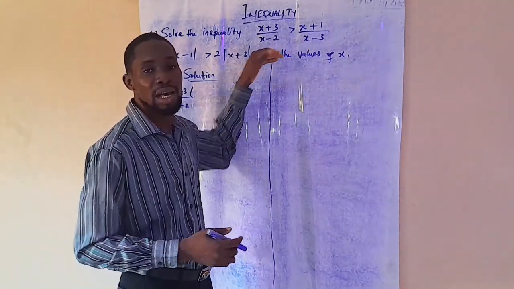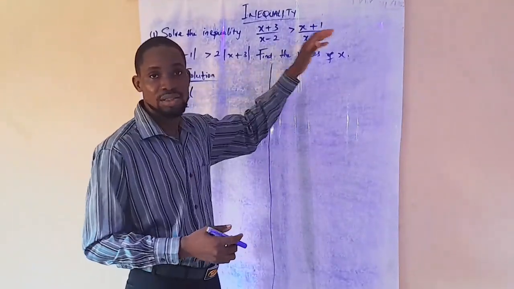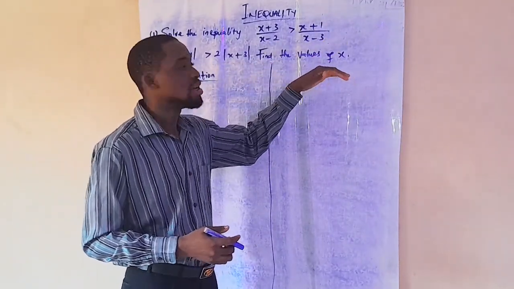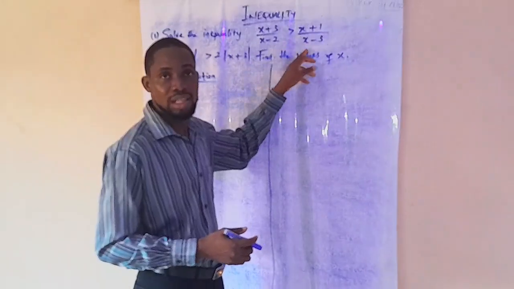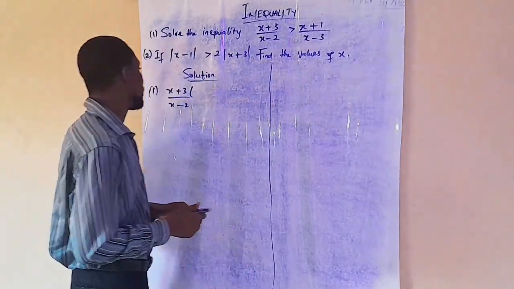So what I will do is to multiply both sides, that's the LHS and the RHS, left hand side and right hand side, by the squares of x minus 2 and x minus 3. So what will I have?